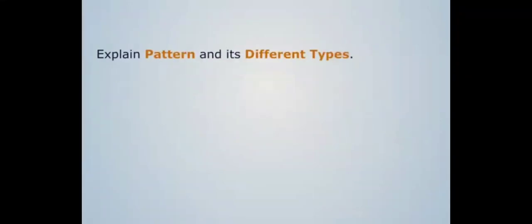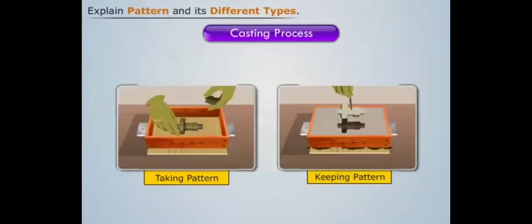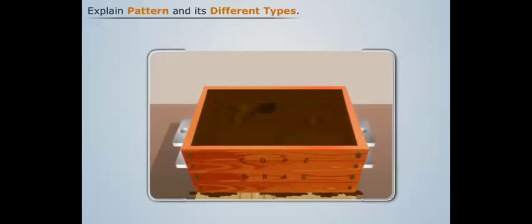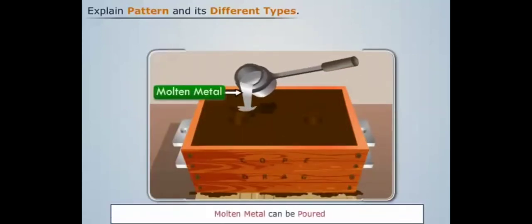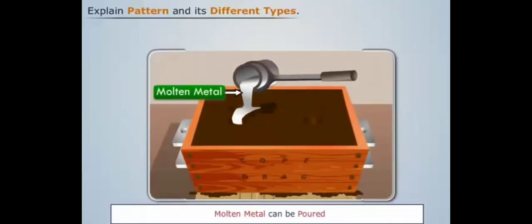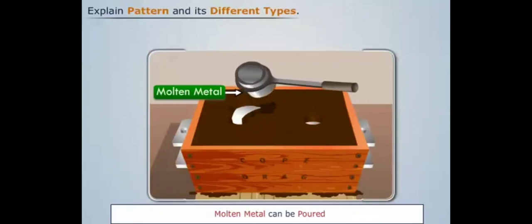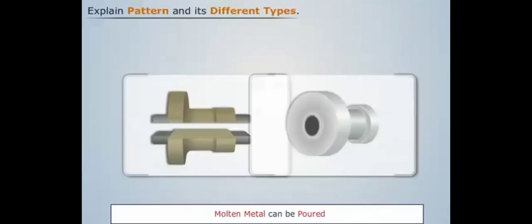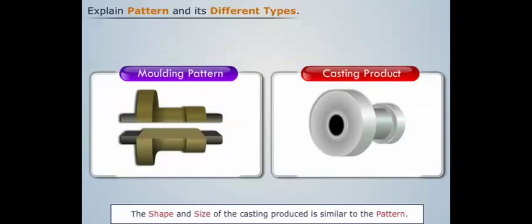We know that pattern is used in the casting process to produce a cavity in the mold, where molten metal can be poured. The shape and size of the casting produced is similar to the pattern.